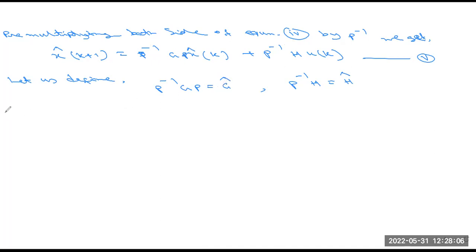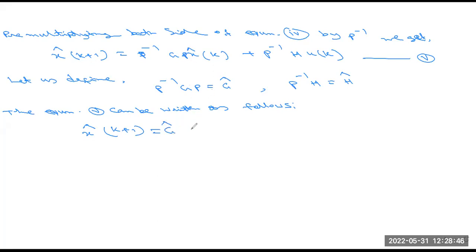Now equation 5 can be written as follows: x vector k plus 1 is equal to P inverse G P, which is the G vector, times x vector k, plus P inverse H, which is the H vector, times u of k. Okay, is it clear to all of you?